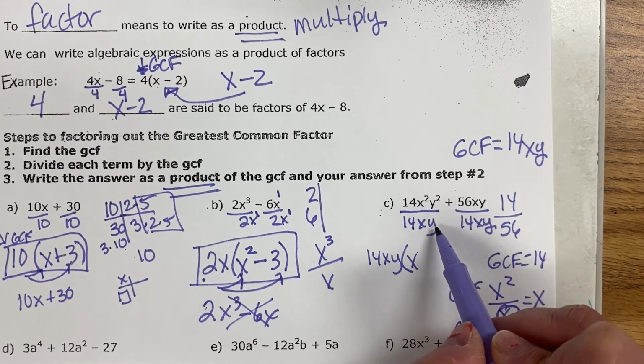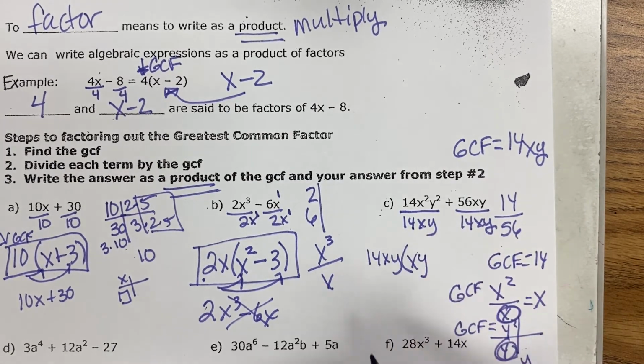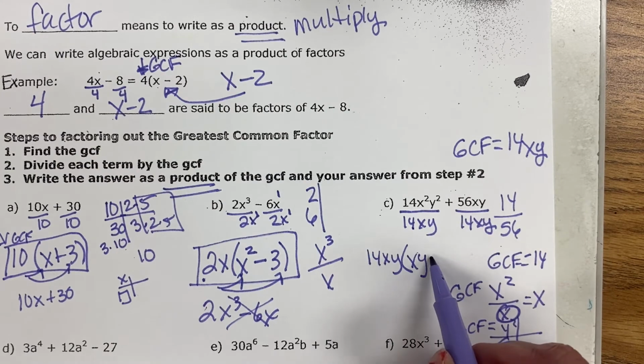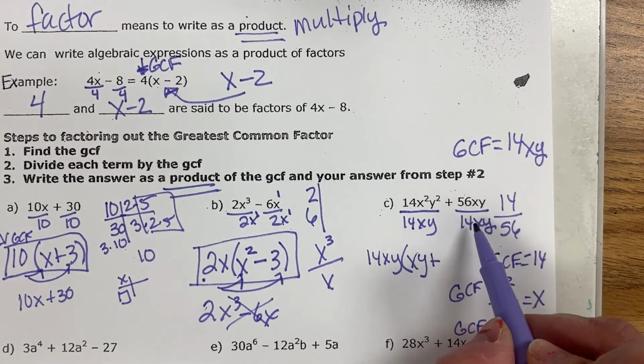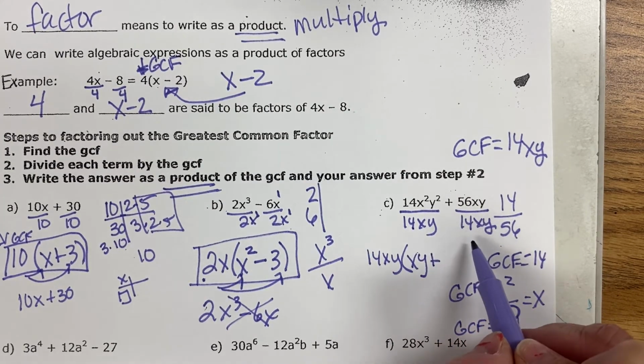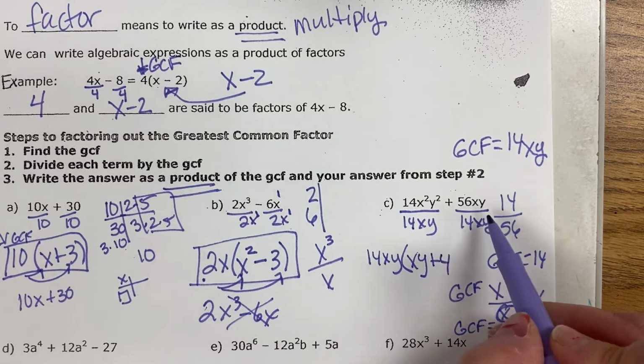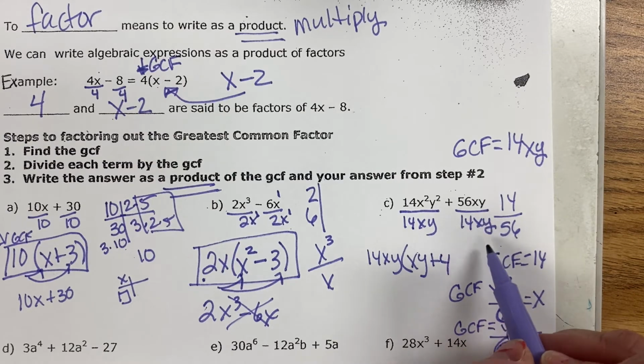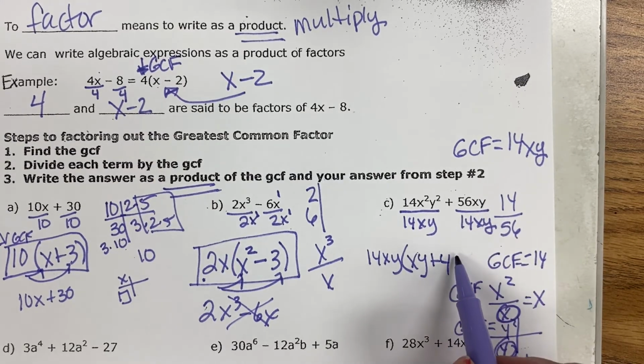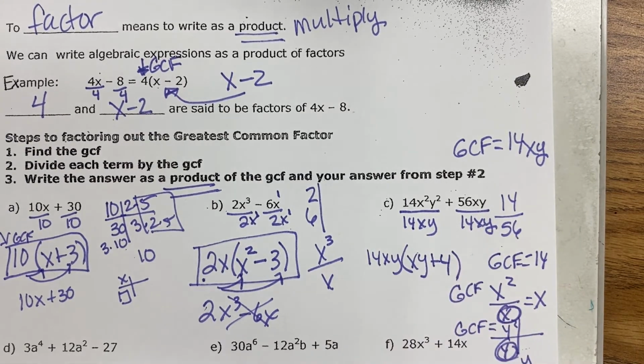Y squared divided by y is going to be y. There is a plus sign here. 56 divided by 14 is going to be 4. X divided by x is 1. Y divided by y is 1. And so I am done with that.